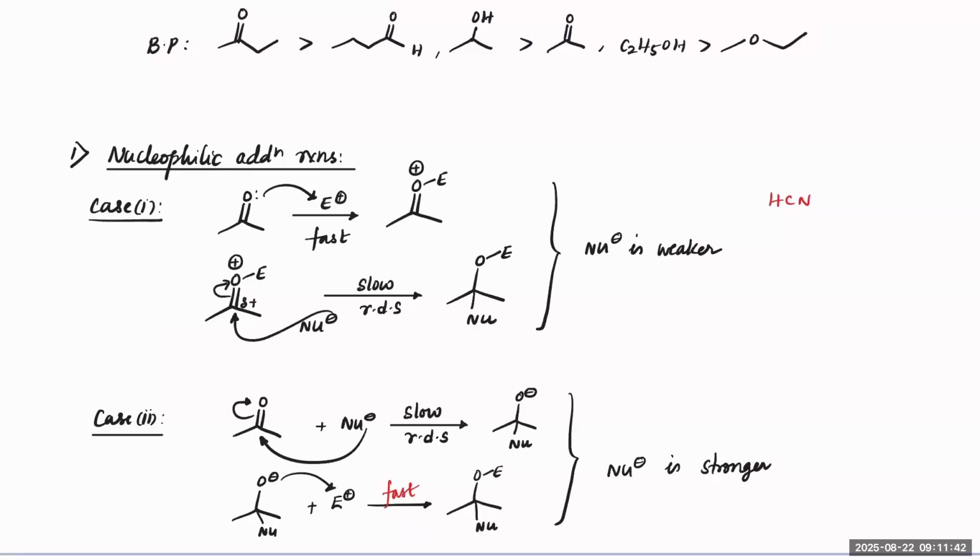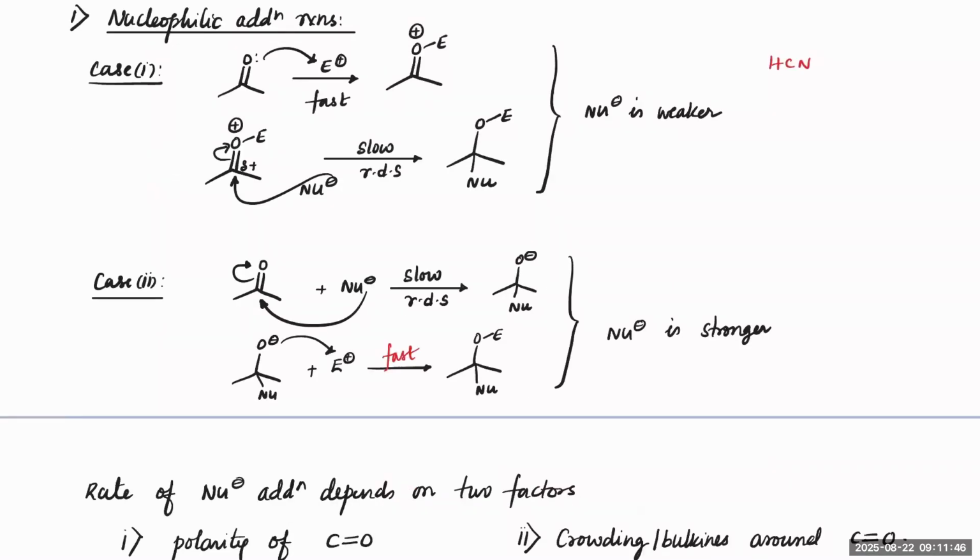Next, notice what nucleophilic addition reactions are. If you have a ketone and you make an electrophilic attack on oxygen, you will get this as O-E plus here, and the nucleophile will go and attack this carbon. So the pi bond will be pushed onto this oxygen. Therefore, you will get a complete addition reaction here.